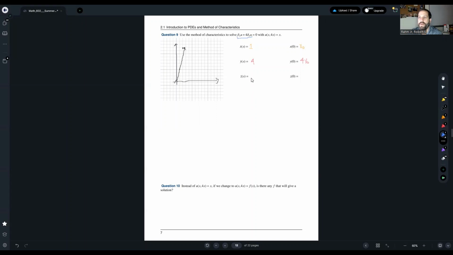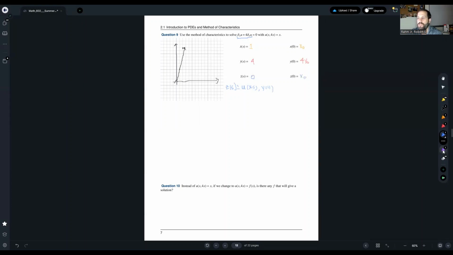So z dot is going to be equal to 0. And then z of 0, remember, z of s is defined as u. It's just the solution along the characteristic curve. So z of s is equal to u of x of s, y of s. So z of 0 is just going to be u of x naught, y naught, which using this up here is going to be x naught.